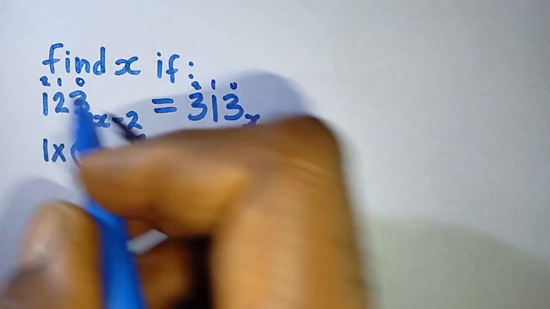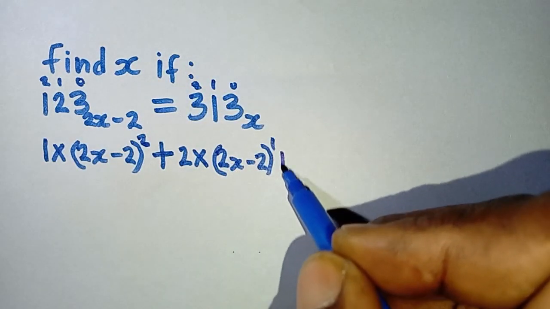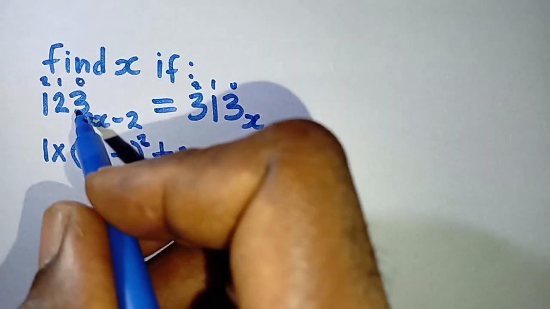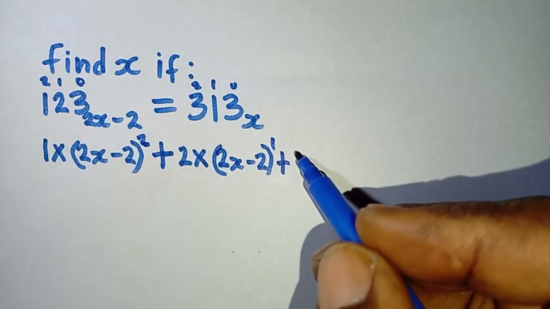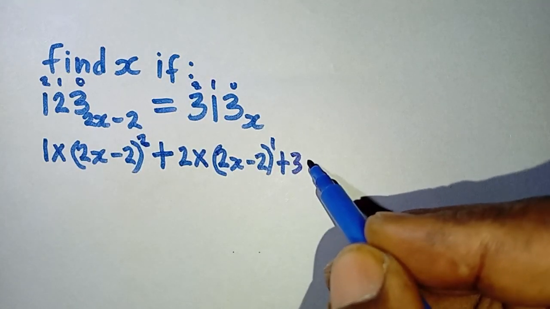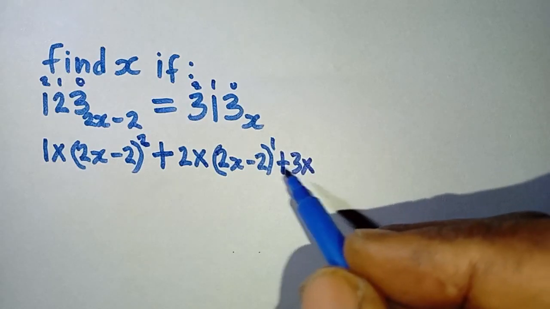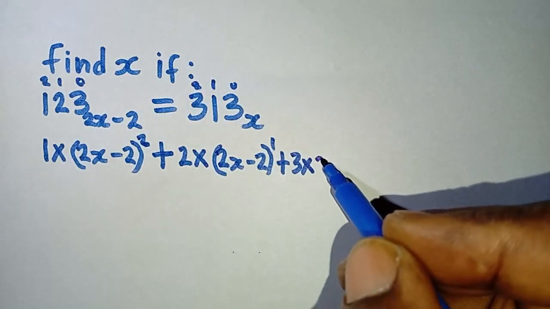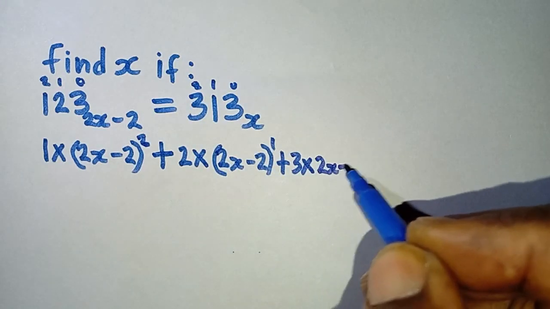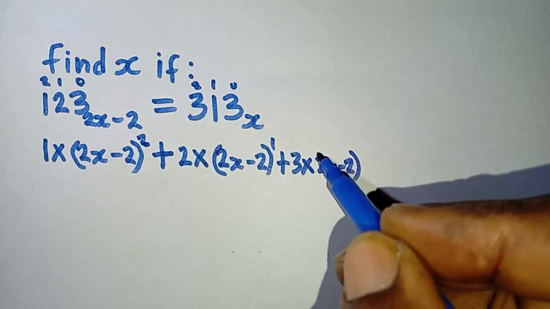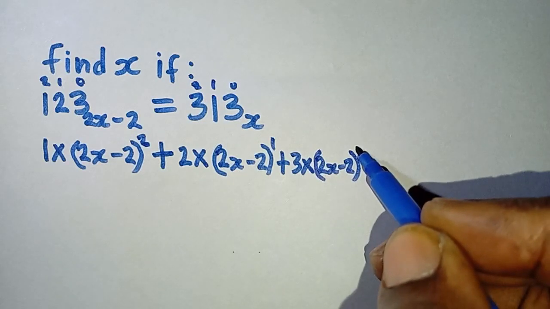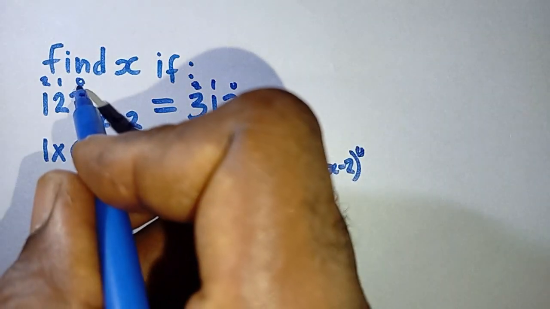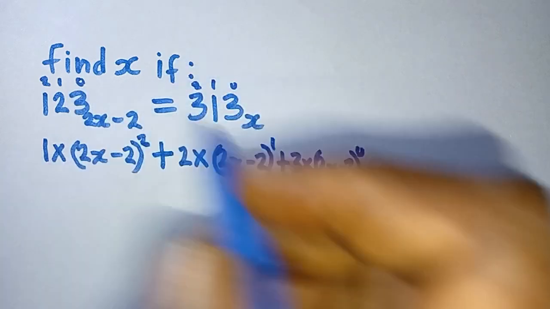Then added to the 3, that's the last digit there, multiplied by the base, which is 2x minus 2, all raised to the power 0.